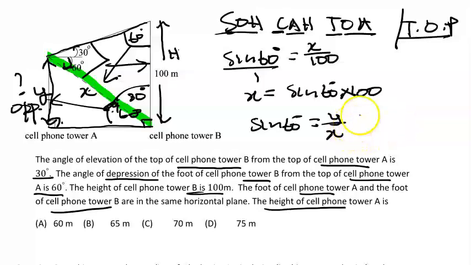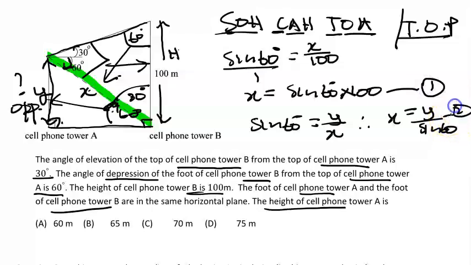So X is equal to Y over sine of 60. So we've got two equations. Let's call that equation 1 and that equation 2.